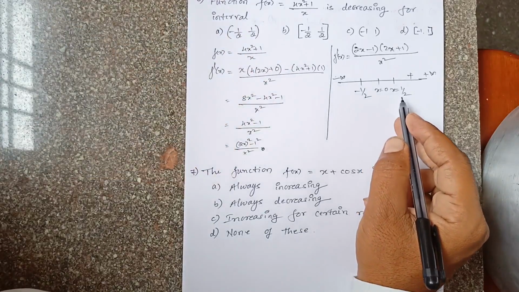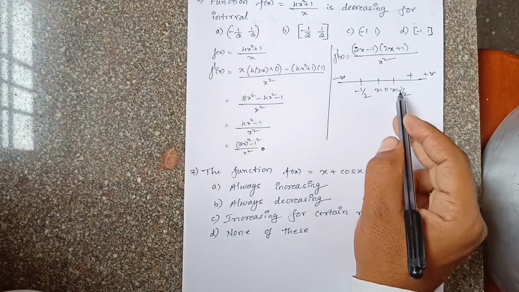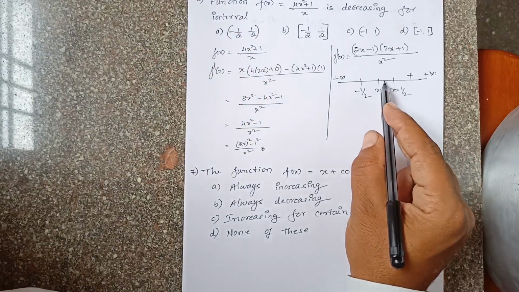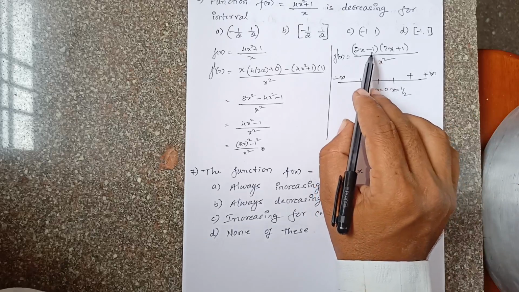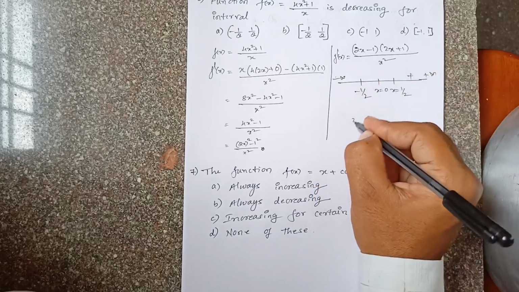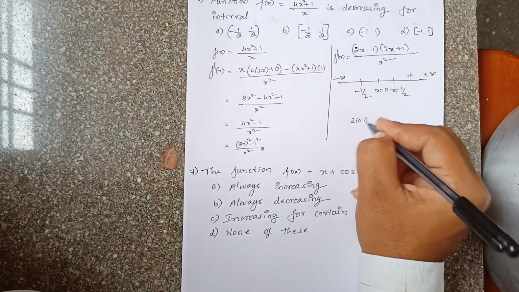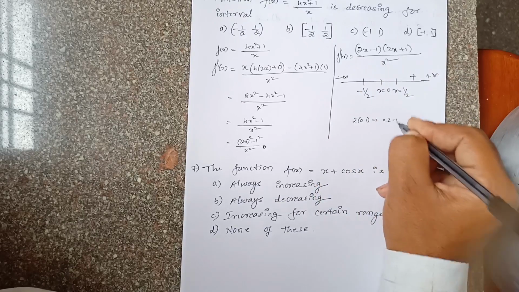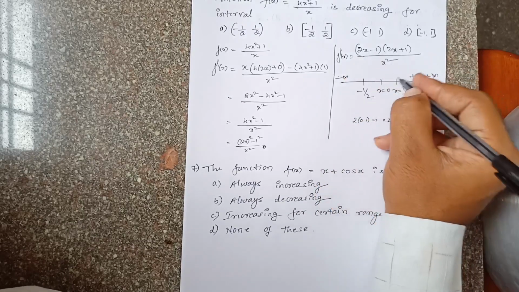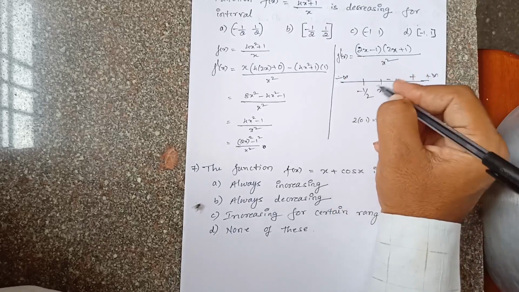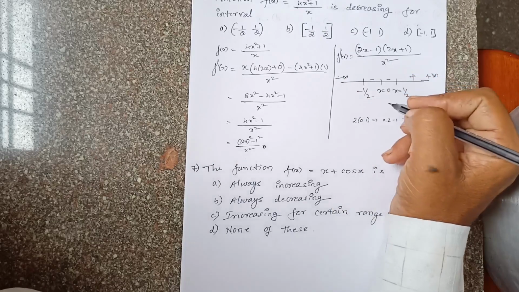Let me check 0.1 here. 2 into 0.1 is 0.2, and 0.2 minus 1 is a negative value. Negative into positive, here it is negative. What about the interval 0 to 1 by 2? This one is also negative.